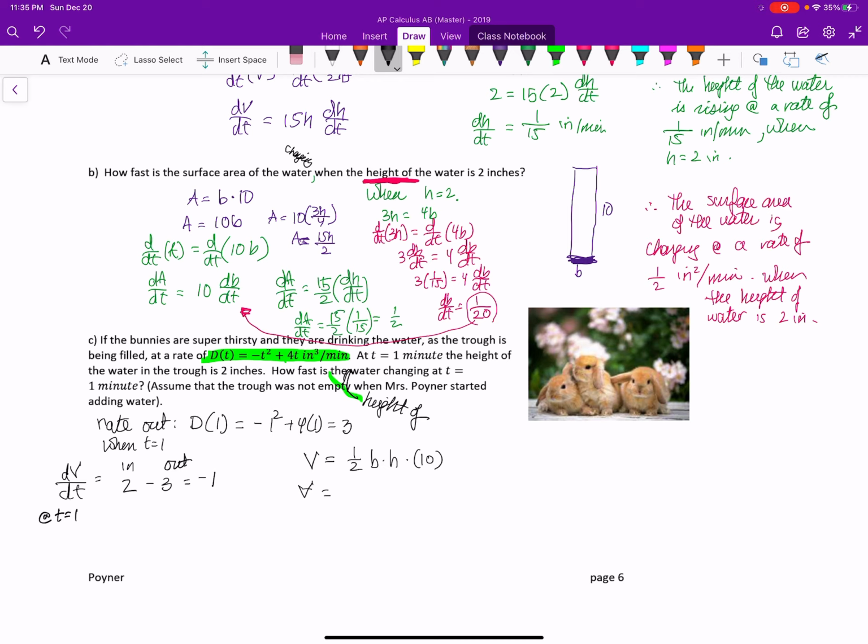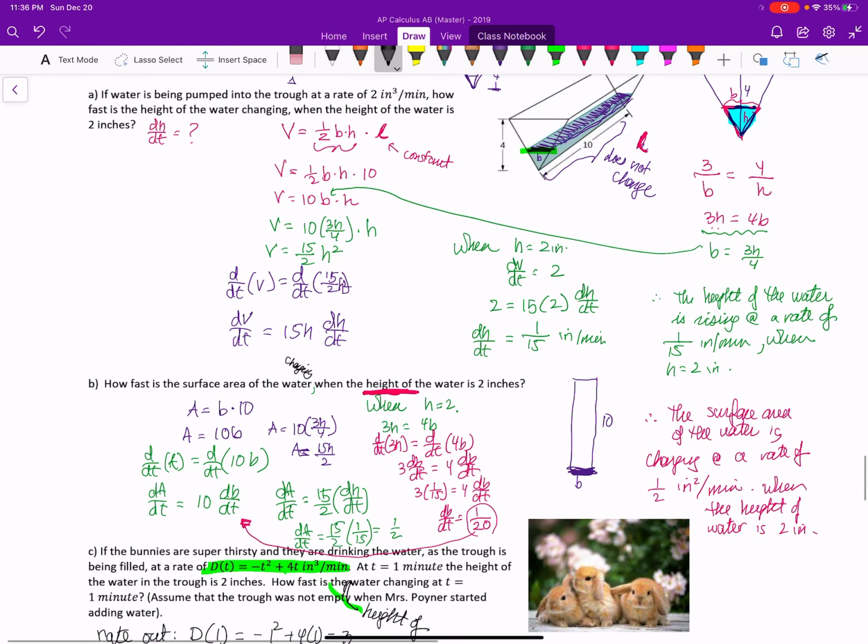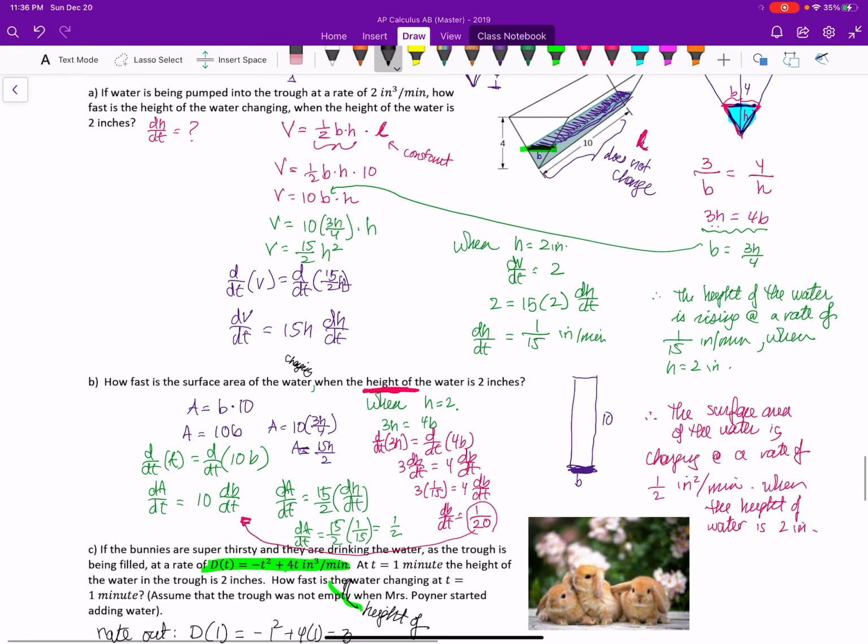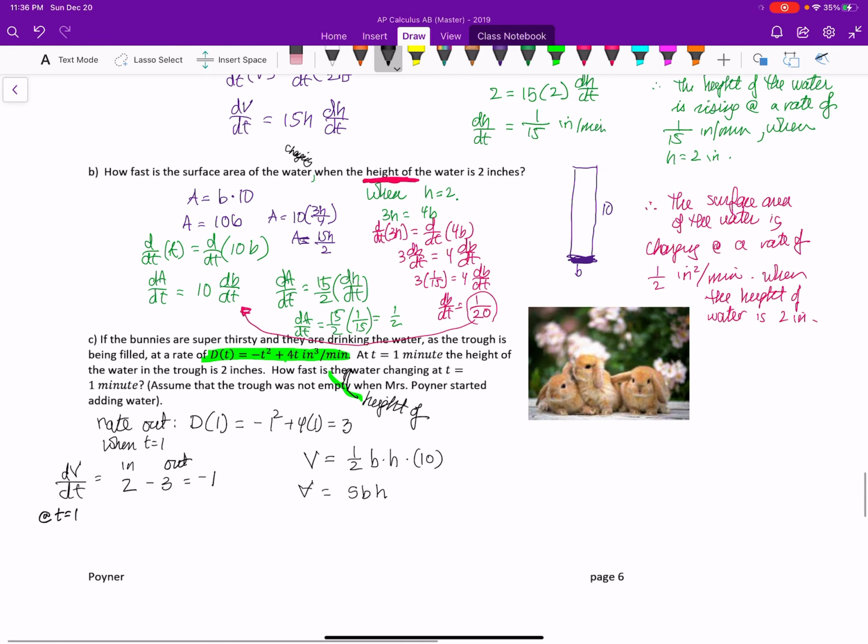V is equal to 5BH. And we also discovered that we could replace the B by 3H over 4. So that's going to give me 3H over 4 times H. So the volume is now 15/4 H squared.